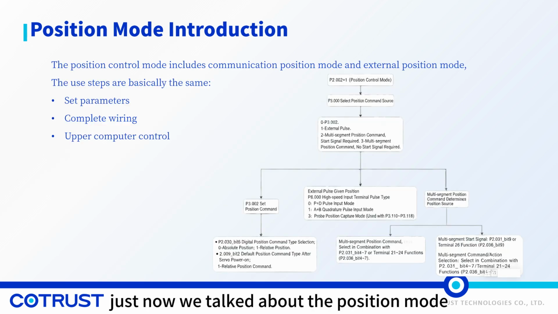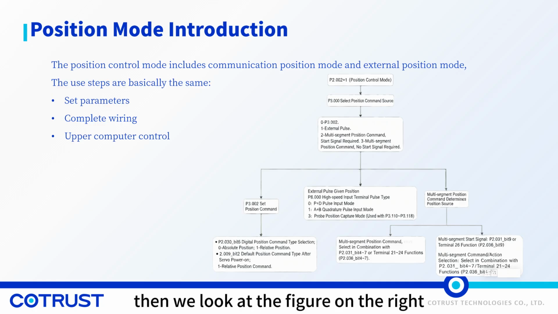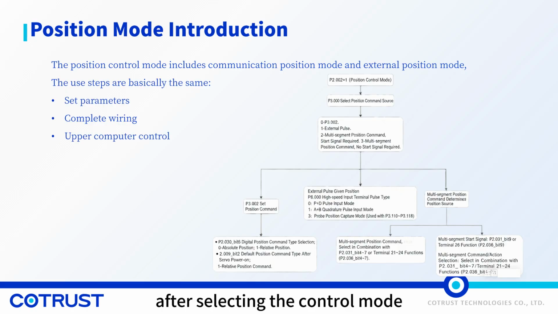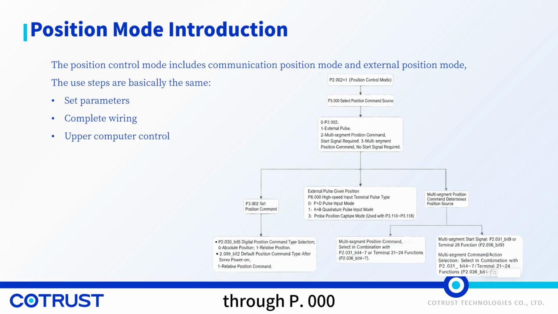Just now we talked about the position mode. There are two types in general category: communication and external position modes. Then we look at the figure on the right. First, you can set P0.002 to 1 to select the position control mode. After selecting the control mode, you can select the source of the position command through P3.000.